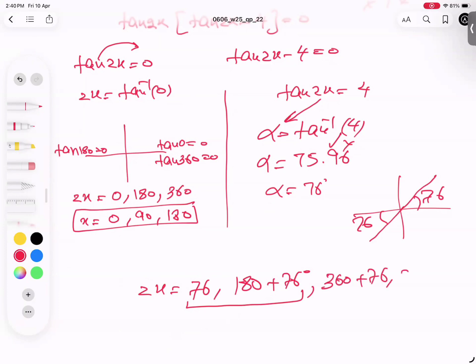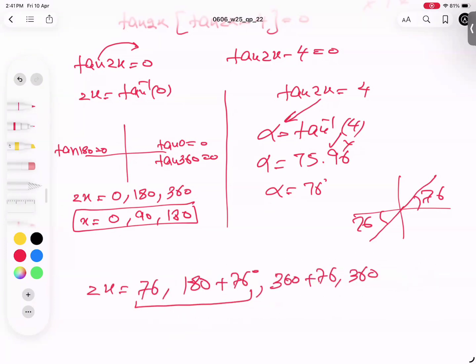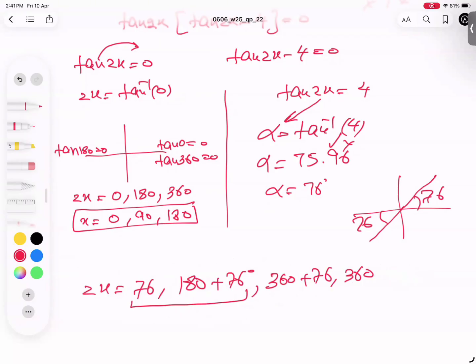I repeat my words, I must add 360 in both principal angles. You may ask what is the reason behind it. The reason is very clear, as it is a double angle. Now x will divide. So this 2 will divide each answer. So 76 divided by 2, I'm getting here 38 degrees.